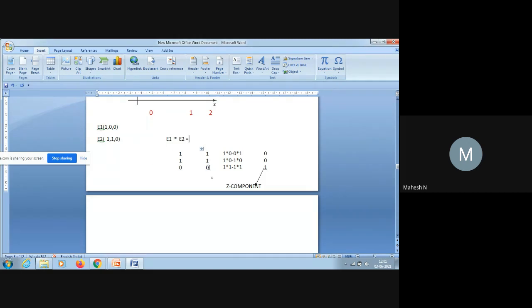For the first row of the cross product, I will be multiplying the second and third rows. I will multiply the first column of the second row with the second column of the third row: 1 into 0.